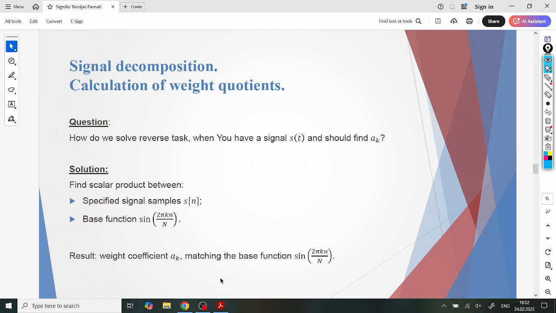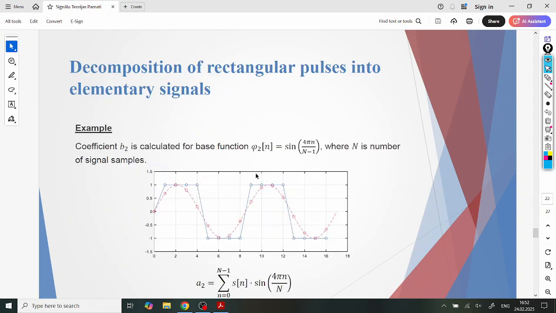So now it's later, when I explain how exactly this number came to be. The solution is pretty simple. You need to take your signal, whichever you are analyzing, and some base function for which you try to get the component contribution.